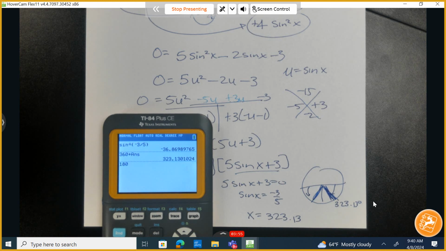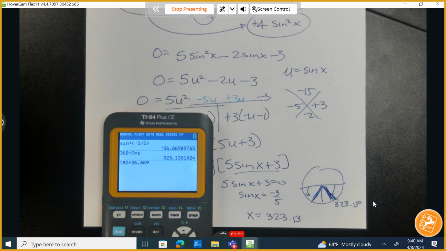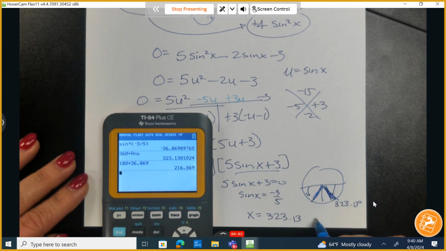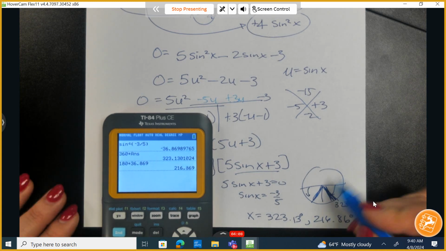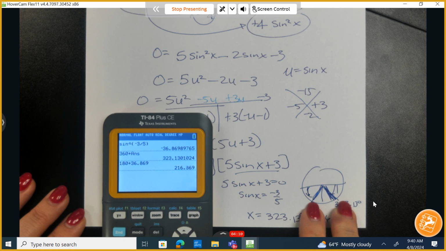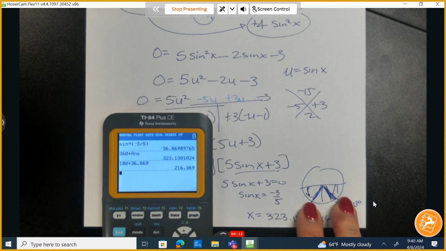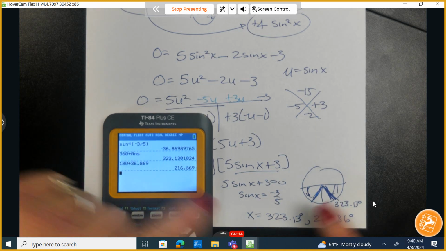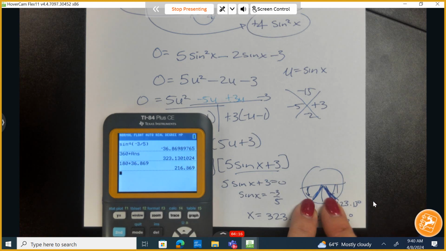So 180 plus 36.86, 216.86. So I think that these 2 values tentatively right now, why? Because they both have a sine value. 2 places where the sine is negative. I dropped down from 180 and from 360.